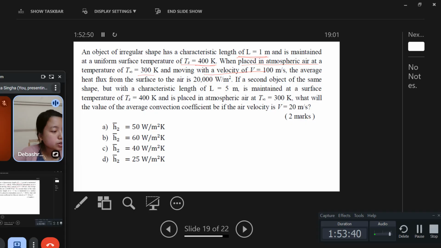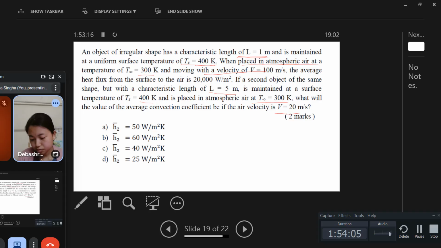If a second object of the same shape but with a characteristic length of L equal to 5 meter is maintained at a surface temperature of 400 Kelvin and placed in atmospheric air at the same 300 Kelvin, what will be the value of the average convection coefficient if the air velocity is 20 meter per second?